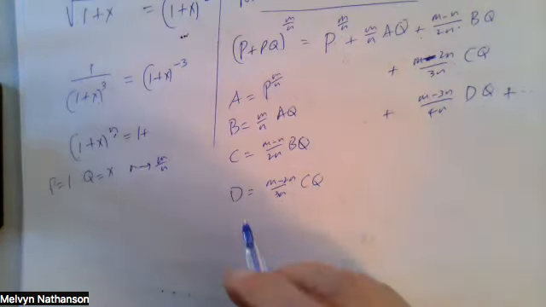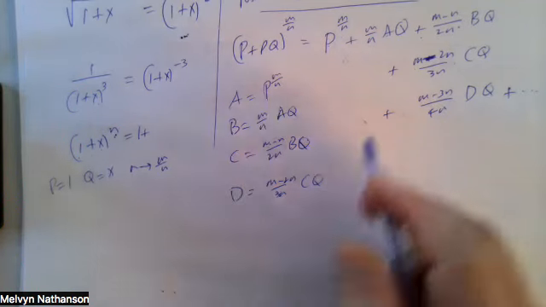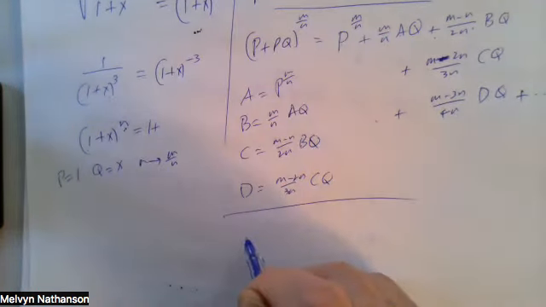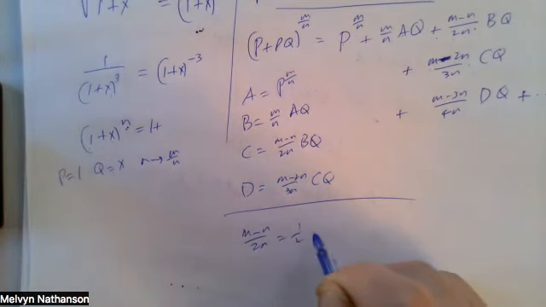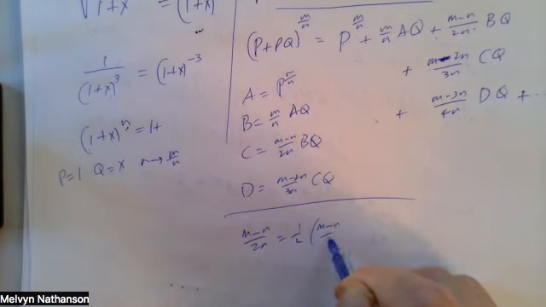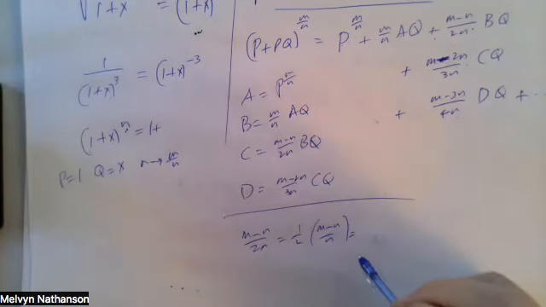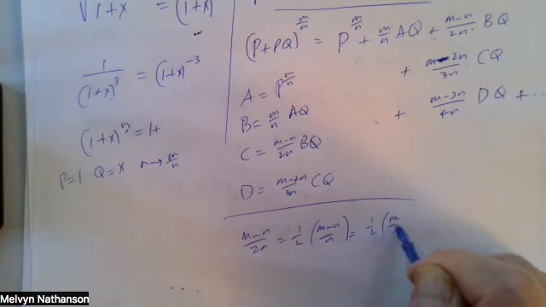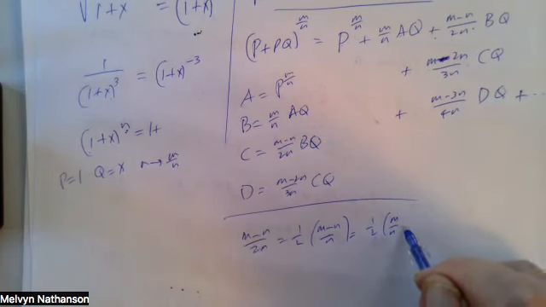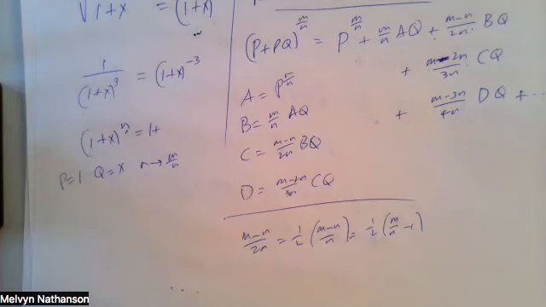If you have m minus n over 2n, that's a half times m minus n over n. That's 1/2 times m over n minus 1.